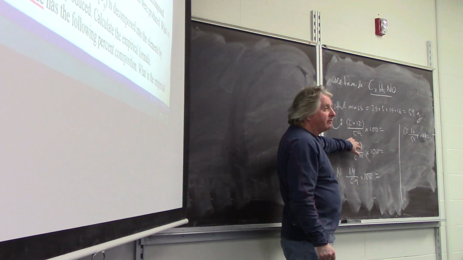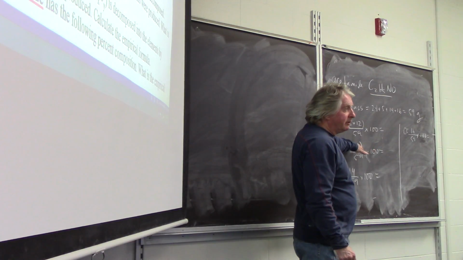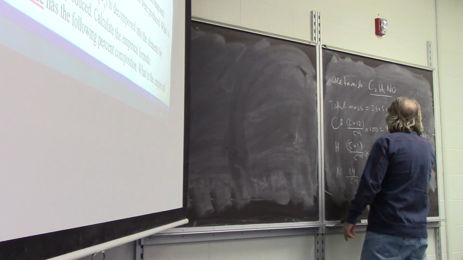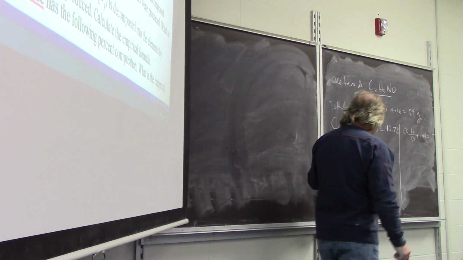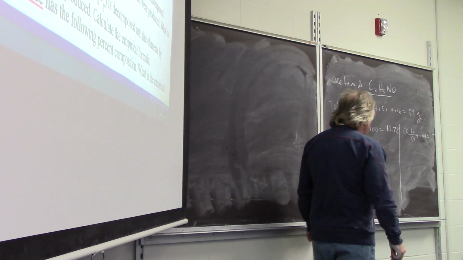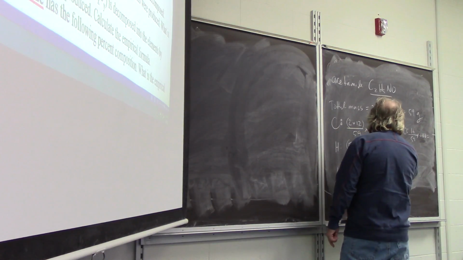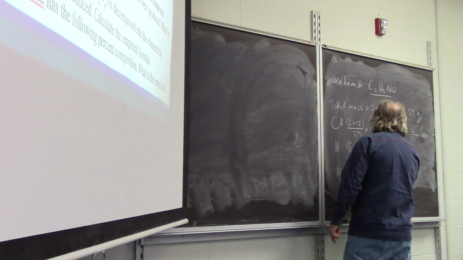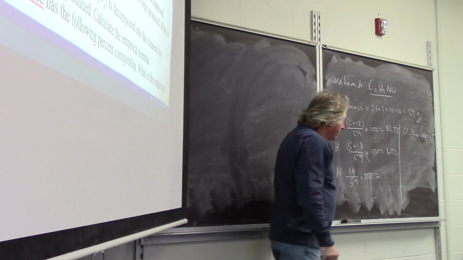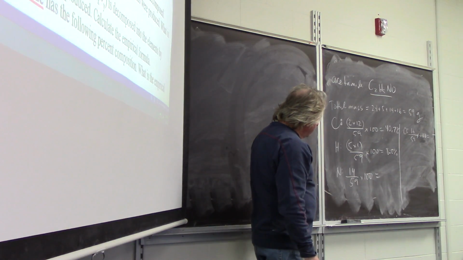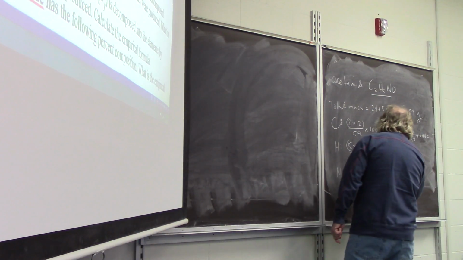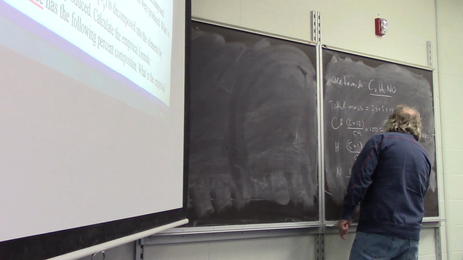So 24 divided by 59 times 100 is 40.7%. The amount of hydrogen is 5 divided by 59, which is roughly 11. No, not 11. 8.5%. Nitrogen is 14 divided by 59 times 100, which is 23.7%.